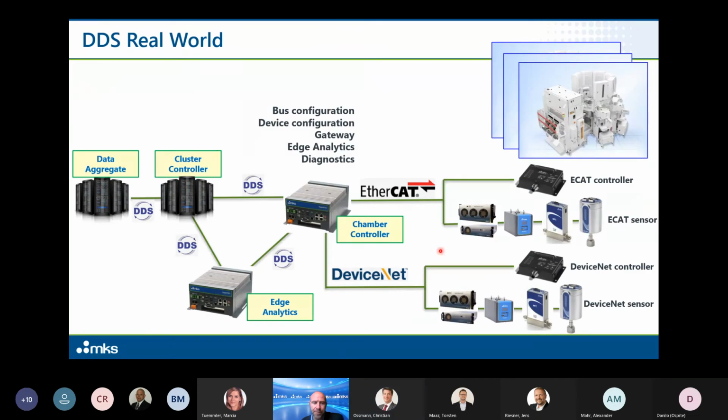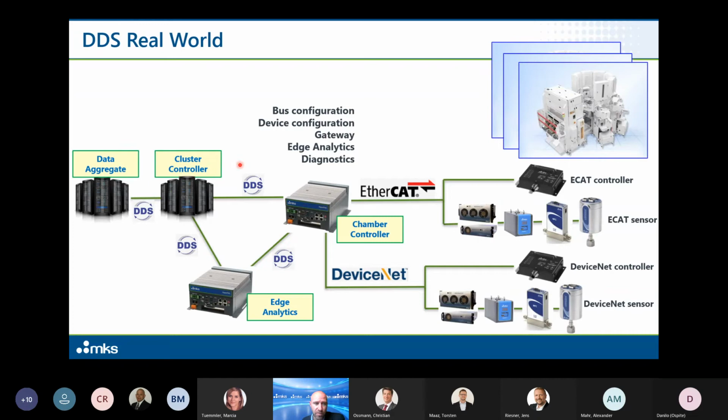Yeah, good question. In this case, as you can see in some of the images here, we have, let's just call it, 6 different process chambers. Each process chamber will have its own controller, so in this very specific setup you're going to have 6 controllers. Each controller converts its field bus data to the DDS protocol.